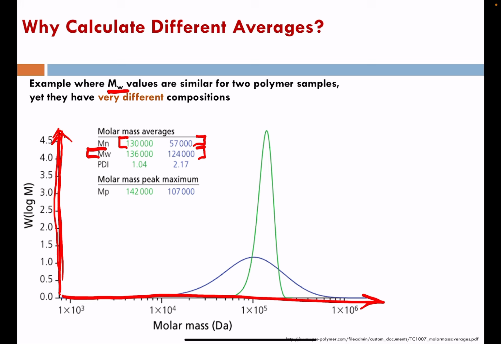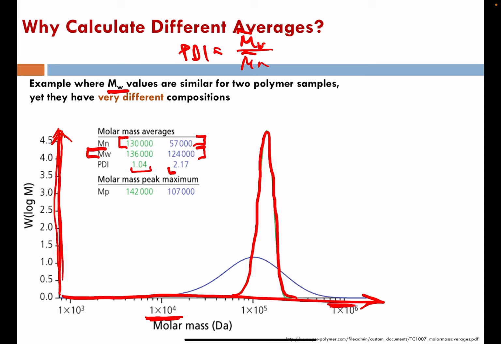We recall the polydispersity index was Mw over Mn, and here you see a value of 1.04 for the much tighter molecular weight distribution profile, showing that 136 divided by 130 is the 1.04, versus the blue set of samples that is showing a molecular weight profile that is very broad, reaching on the order of 10,000 molecular weight through to almost 1 million molecular weight. And that polydispersity index is well over double the value.